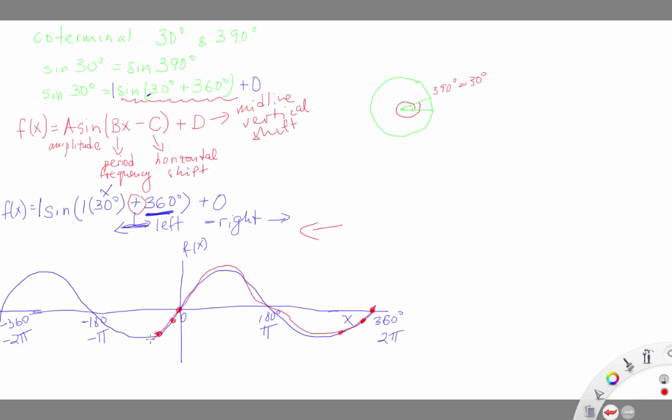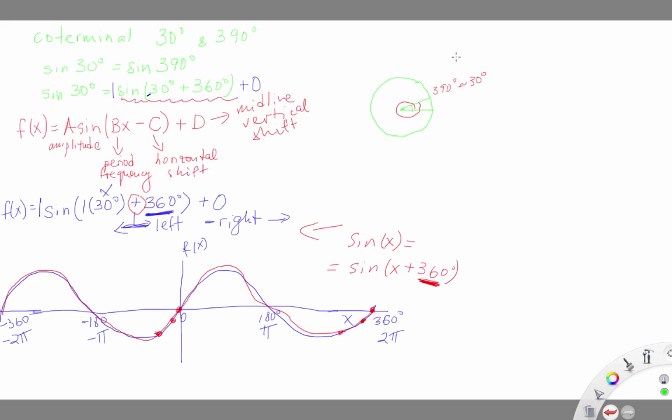Our new function is going to lie exactly on top of our old function, because sine of x is exactly equal to sine of x plus 360. So now you're seeing how the horizontal shift in a sine function when it's 360 degrees really doesn't change anything.